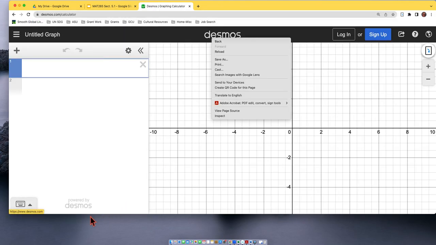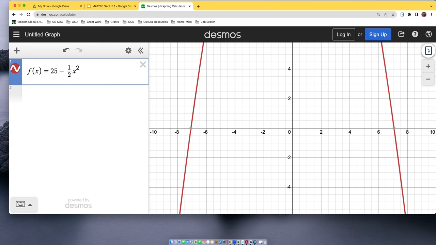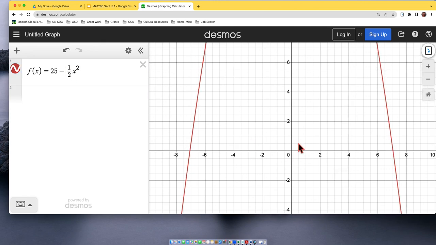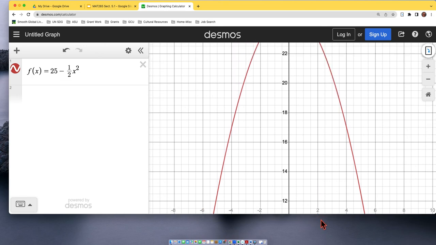And again, you could do the same thing. What I would do is I'd put in the function, and I like to do it with f of x. What was it? It was 25 minus 1/2 x squared. So you get your function. You can set up your window based upon what you have here.